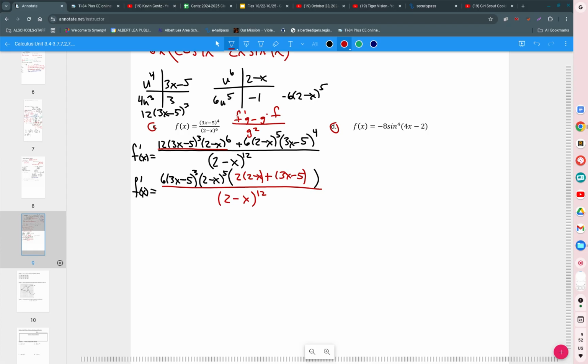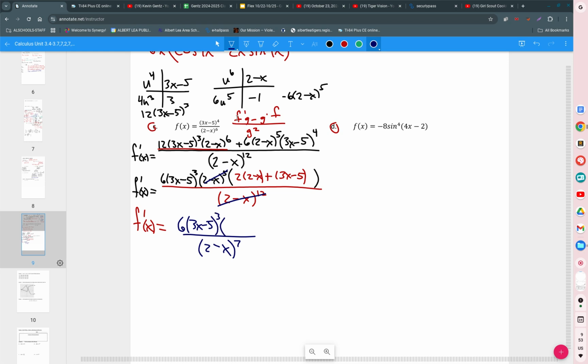So we are basically done here. We have f prime of x is equal to, I have 5 of the 2 minus x's here. So that's going to cross off with 5 in the bottom, leaving me with how many? Yep, 2 minus x to the 7th in the bottom now. I definitely have the 6 times the 3x minus 5 to the 3rd.